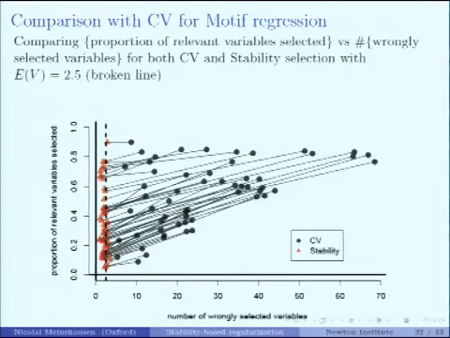And this is the plot you get if you do that for the X derived from a motive regression example. What you have here on the x-axis is the number of wrongly selected variables, and the black dots are the cross-validated solution.